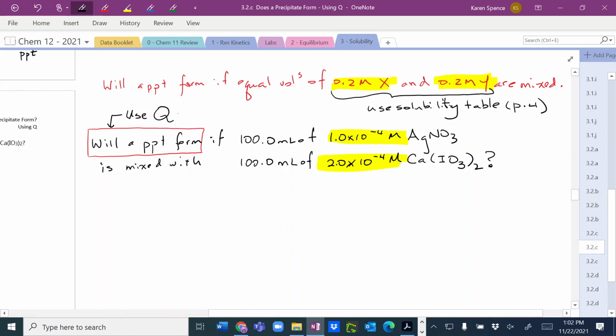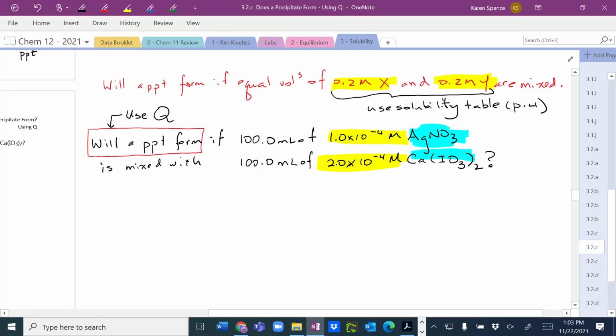Before we do anything though, we need to look and say, if I'm going to have a Q, then I need to have some sort of low solubility compound, yes? So before I start anything, I need to predict who will be the precipitate, because I've got two compounds, yes?